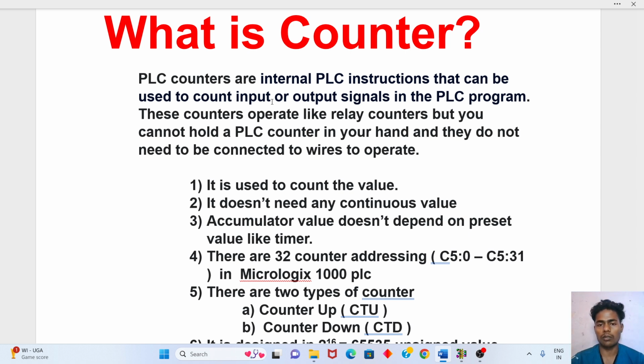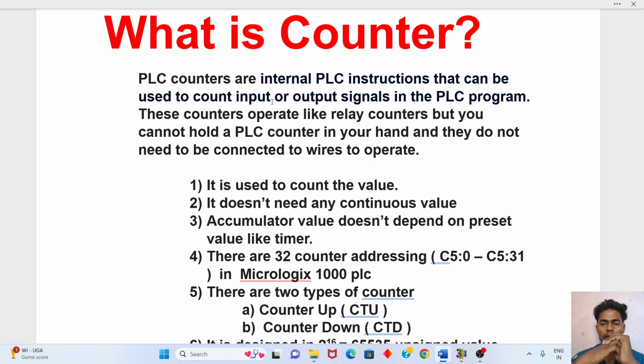Actually, PLC counters operate like relay counters, but in PLC counters you do not have to hold the counter. In a relay counter you have to hold it, and relay counters require wires, but PLC counters do not need wires to operate.